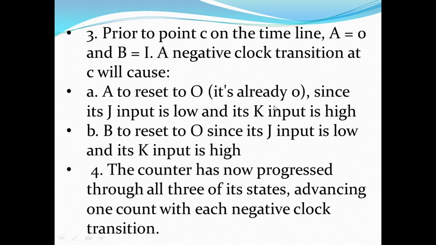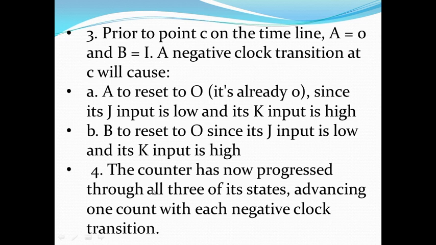It's already reset since its J input is going to be low and K input is going to be high, and B to reset to 0 since its J input is going to be low and its K input is going to be high. So both the flip flops can only be reset. A was already reset, so it remains reset, and B is going to be reset, so it is changing the condition from 1 0 to 0 0, and it is clearly skipping the state 1 1.